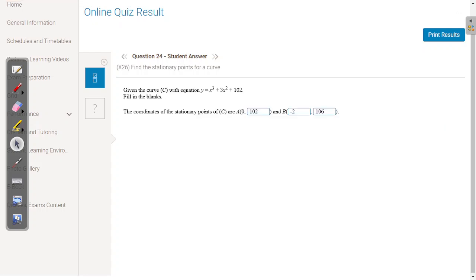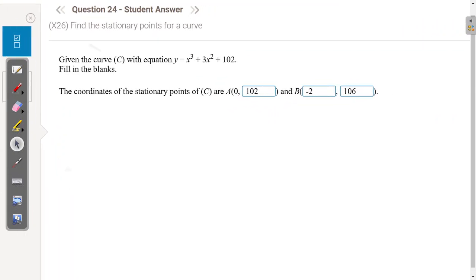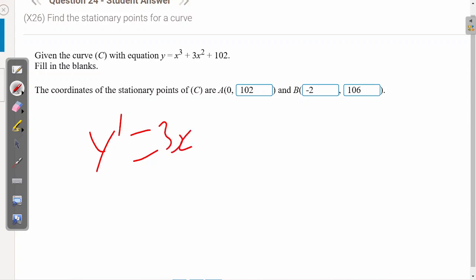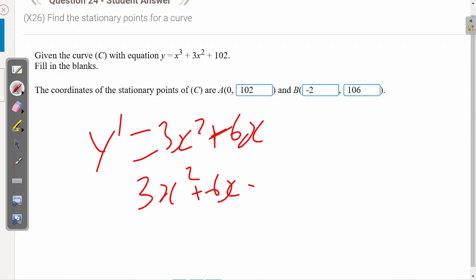Okay, they want stationary points. Stationary points means when the derivative is equal to 0. So first, let's find the derivative. y prime equals 3x squared plus 6x. Now let's make this equal to 0. 3x squared plus 6x equals 0.